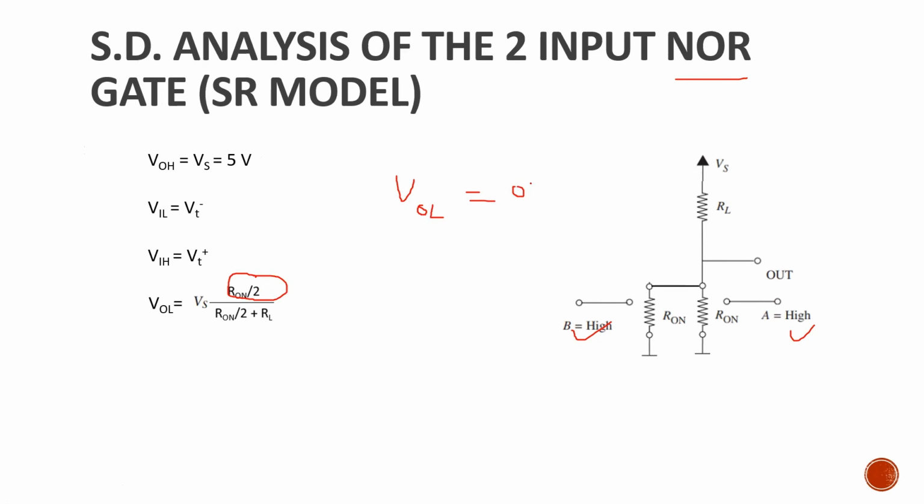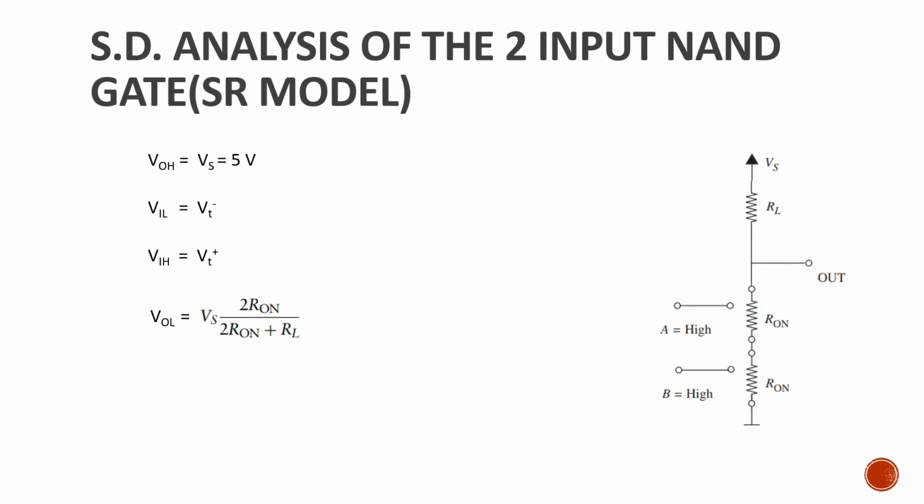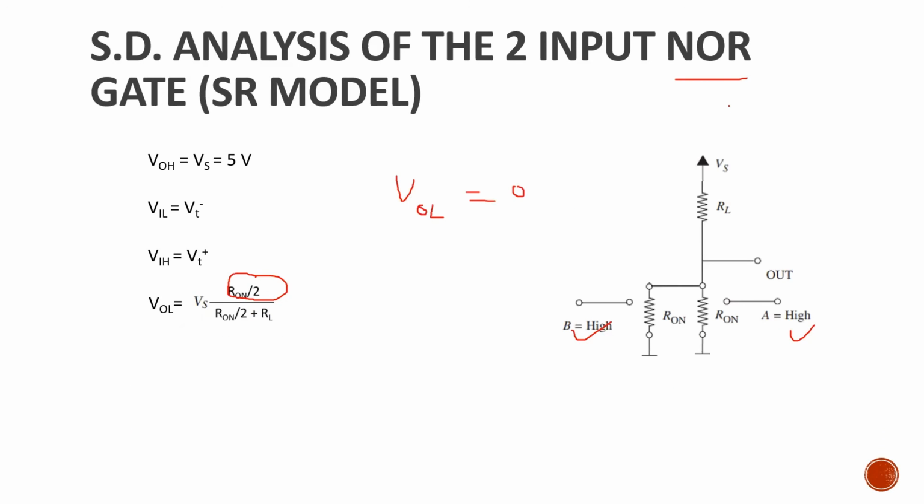But in a NAND gate, this VOL is somewhat high, whereas in this NOR gate, as R on by 2 is less, this VOL becomes less. Understood? Yes, sir, understood. Good.